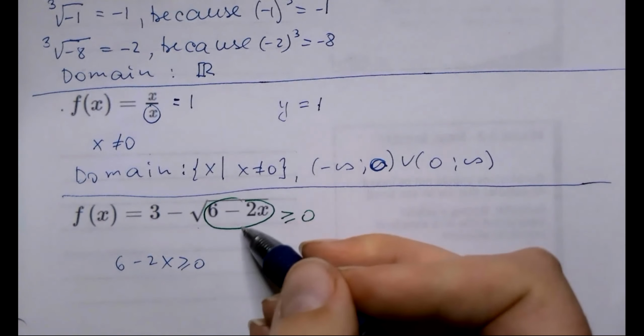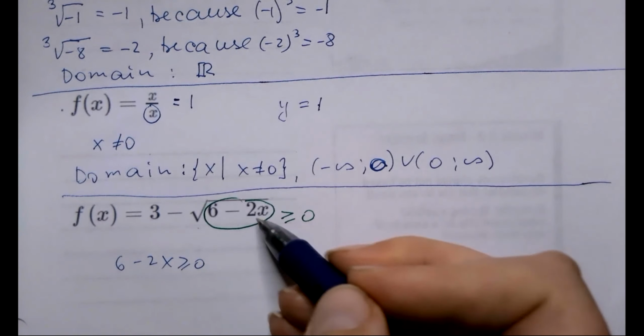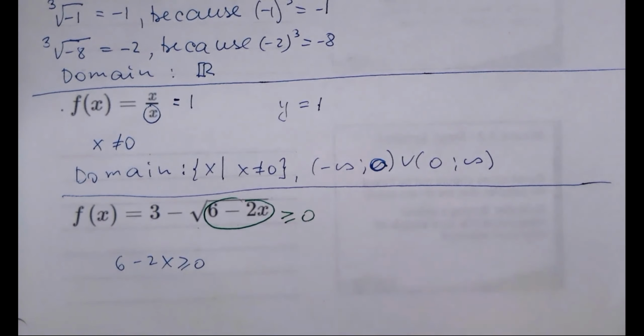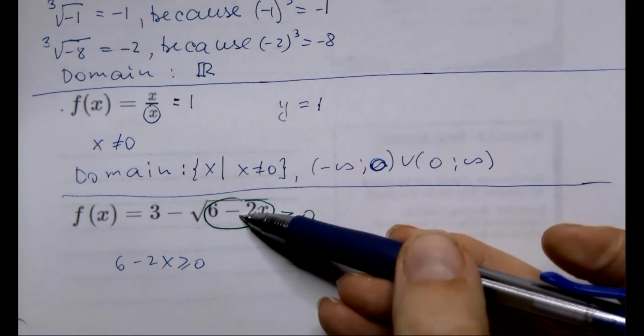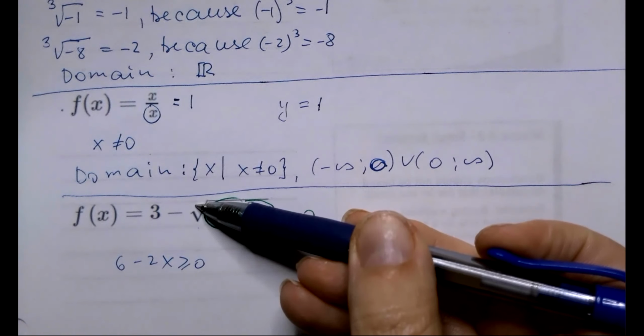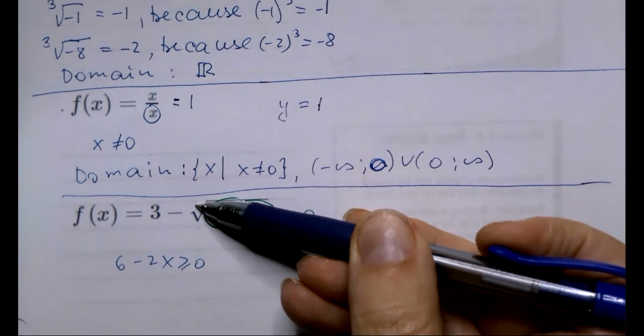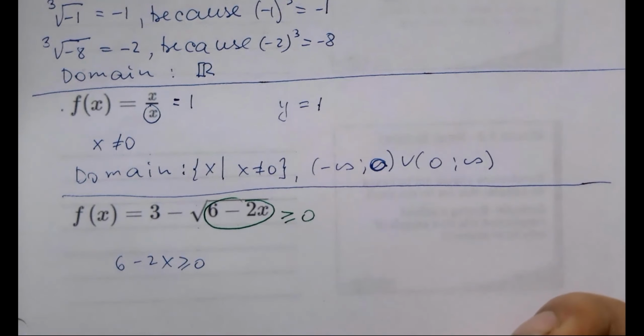So nothing new here. As long as you see the radical, you just set it up like this. Not any radical, but a radical with an even index on the root. So that would be your square root, 4th root, or 6th root.